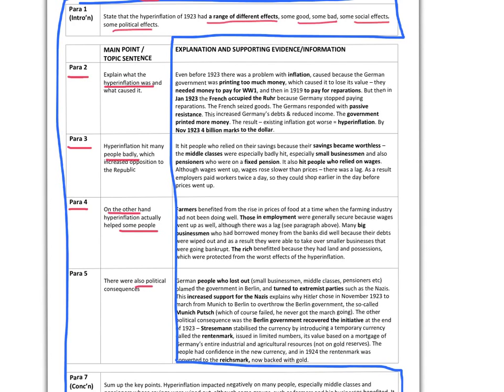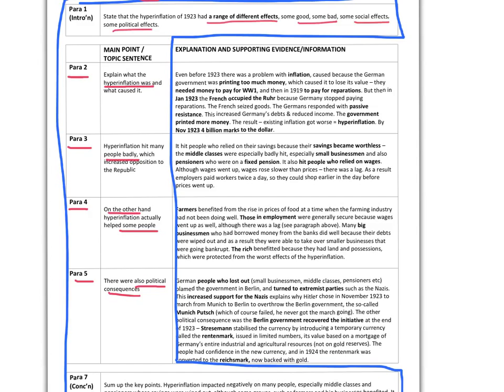There were also political consequences, so that's what you go into in the final ones. The first 3 paragraphs explain what the hyperinflation was and focus on the social consequences, and then in the final paragraph you're talking about the political consequences.